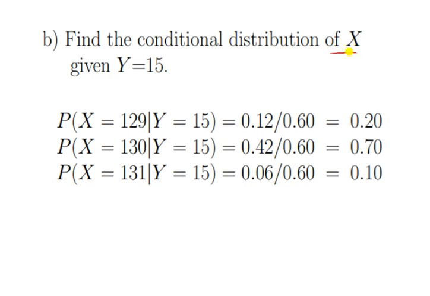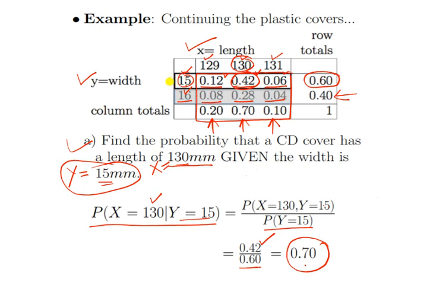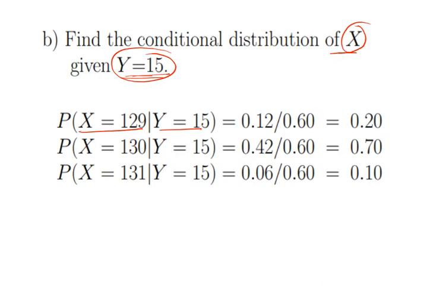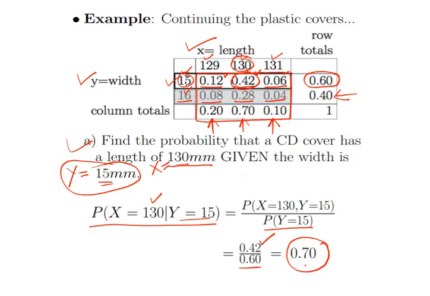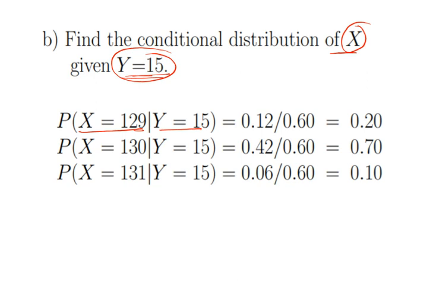Similarly, find the conditional distribution of x given that y is equal to 15. Now we want to compute the conditional probability distribution of the random variable x given that random variable y is equal to 15. So probability of x equal to 129, y equal to 15: by the table, for y equal to 15 and x equal to 129 the probability is 0.12, so 0.12 upon 0.60.